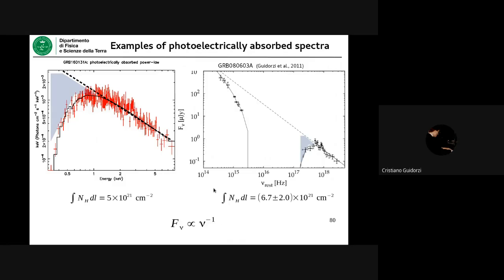It's just a way of writing, but one should mean the number density integrated over the line of sight. In the literature you just find capital NH, but it's important that you understand that this is nothing but the column density.